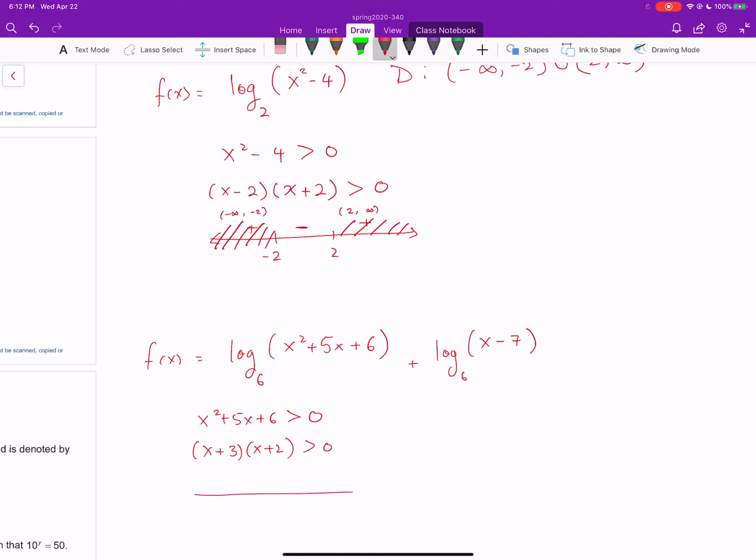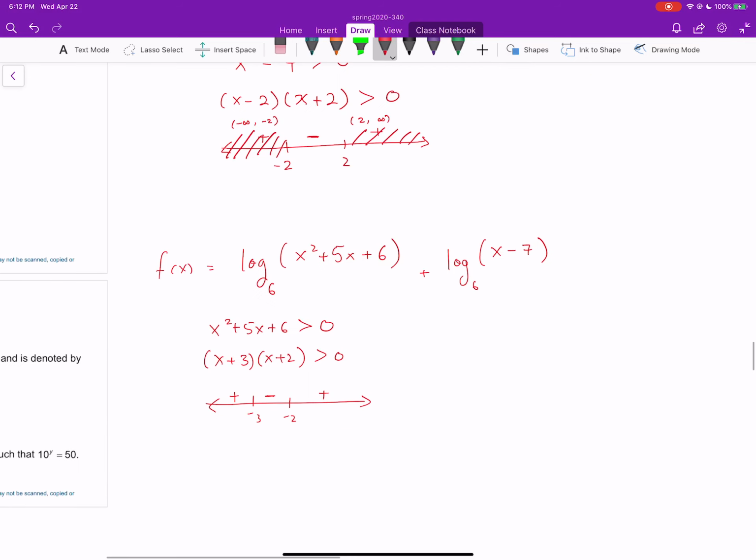If we plot this on the number line, we have negative 3 and negative 2. If I pick a number greater than negative 2, you can clearly see that this is positive. If I pick a number between negative 3 and negative 2, that is negative. And when we pick anything between negative infinity and negative 3, that's back to positive.